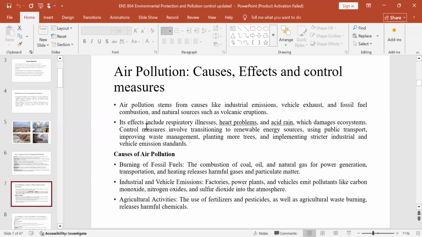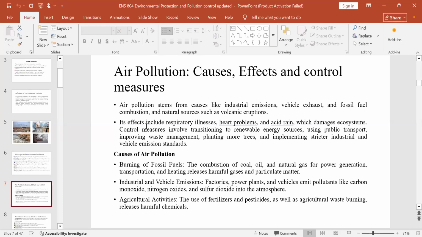So air pollution. What are the causes, the effects, and control measures? Air pollution stems from causes like industrial emissions, vehicle exhaust, and fossil fuel combustion, as well as natural sources such as volcanic eruption.